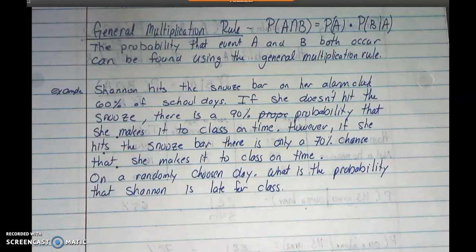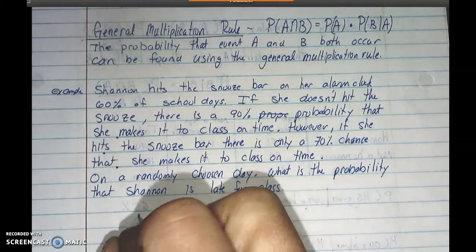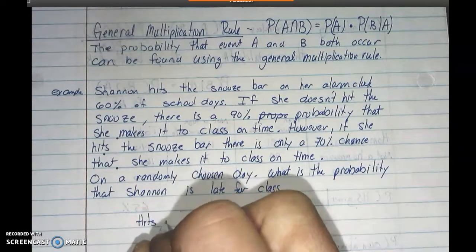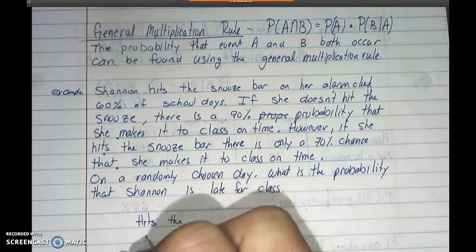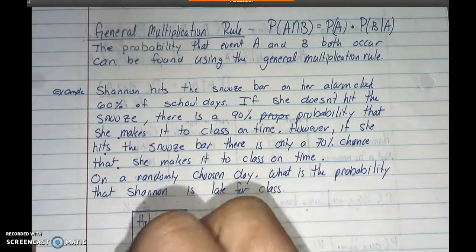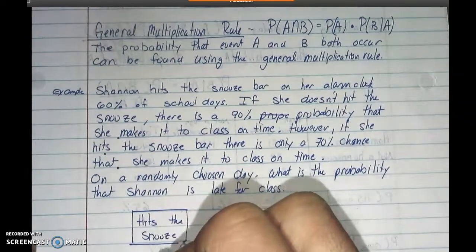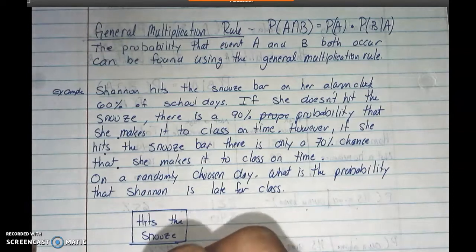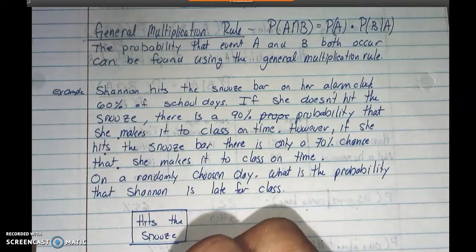All right, so what we're going to do is use a tree diagram to demonstrate what is happening. Okay, so what's the first event? Snooze. So we've got, she hits the snooze. And then the other one is no snooze.